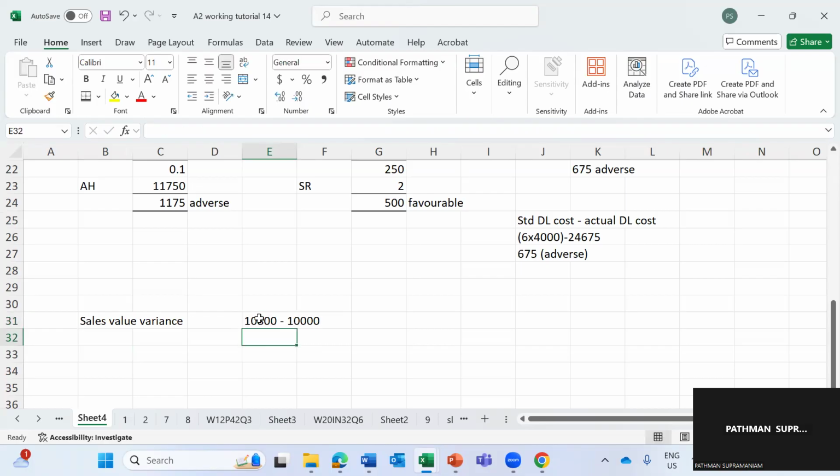As you can see, the actual sales was higher than the planned sales by 800. And it's good because our sales turned out to be more than what we thought they would be. So it's a good difference. Favorable.